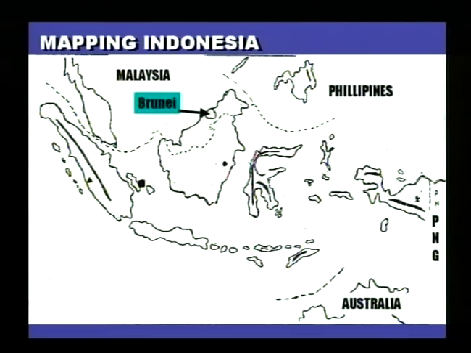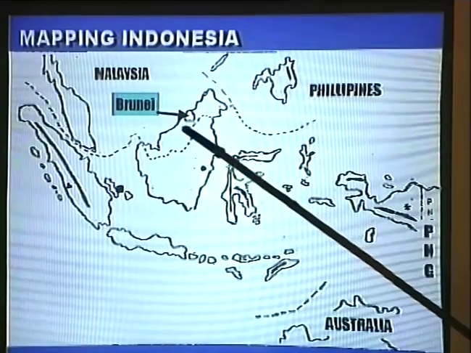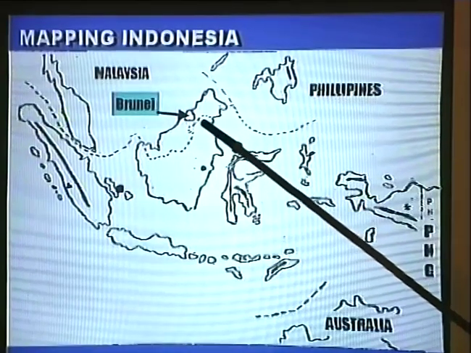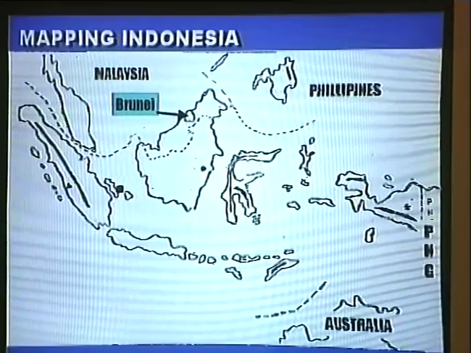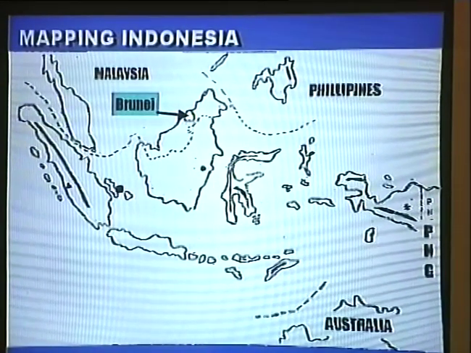The next area is supposed to be the country Brunei, and Brunei Darussalam is a country here, located also on the island of Borneo. You can see a small boundary drawn on your map, and I'd like you to ensure you indicate that correctly.